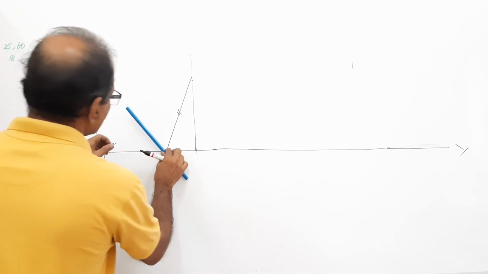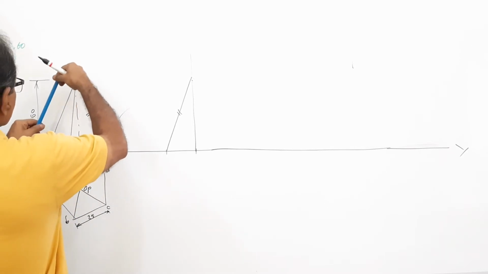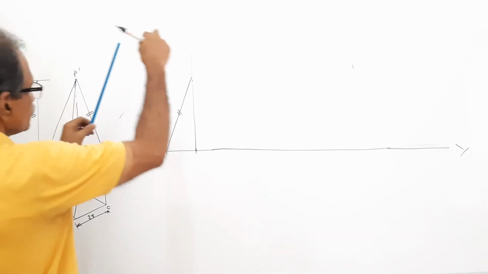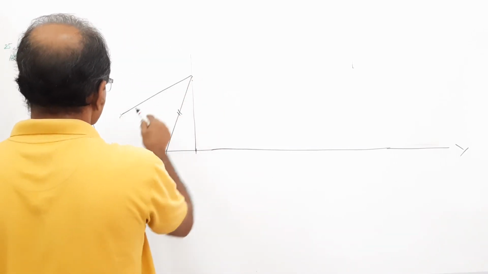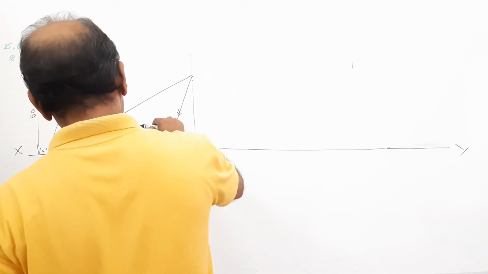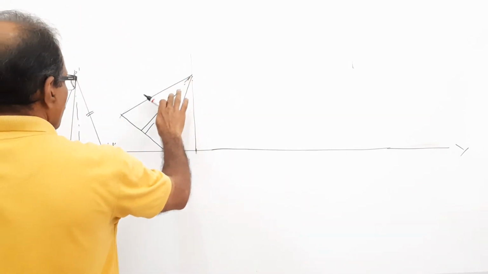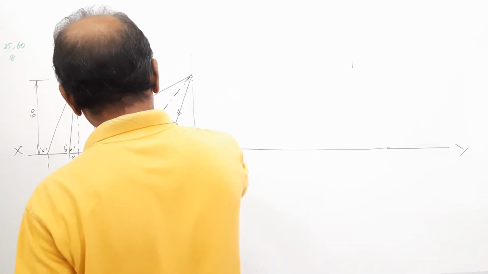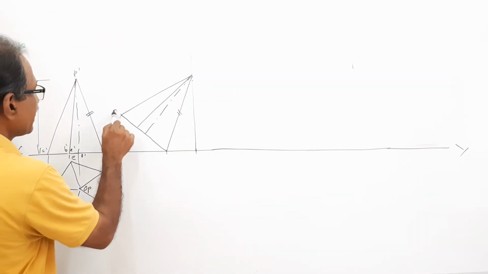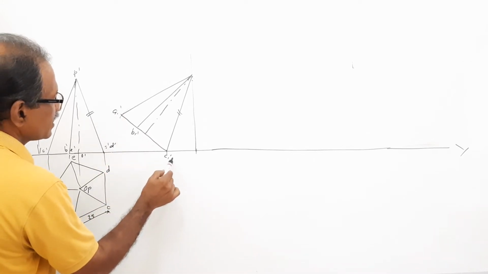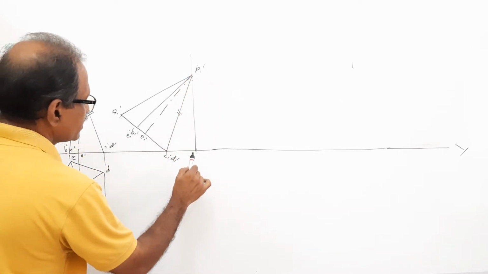Take this distance, mark in this direction, draw an arc, take this distance, what did you do? You have reproduced this elevation. This is A1 dash, this is B1 dash, this is C1 dash, D1 dash, this is E1 dash, this is O1 dash, this is P1 dash, and this is what?